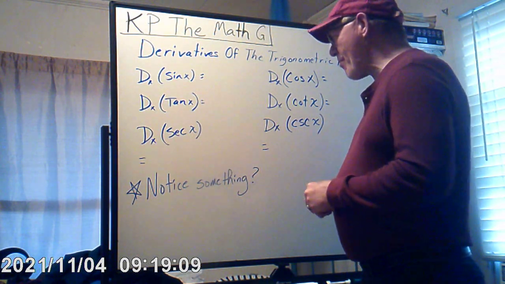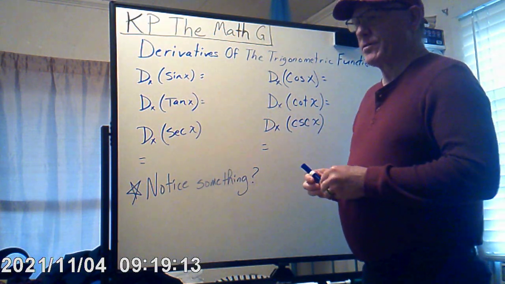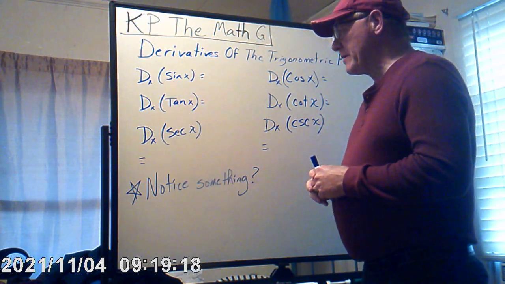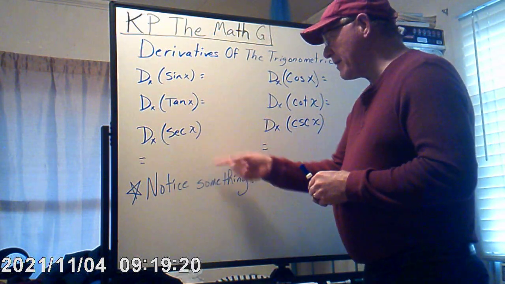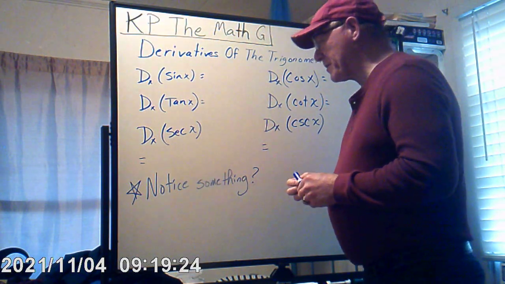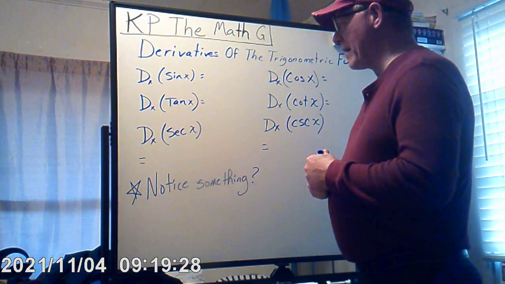Sine and cosine would have to be derived using what we call the squeeze or sandwich theorems. But other than that, the rest of them can be derived from sine and cosine. So let's go ahead and look at it.